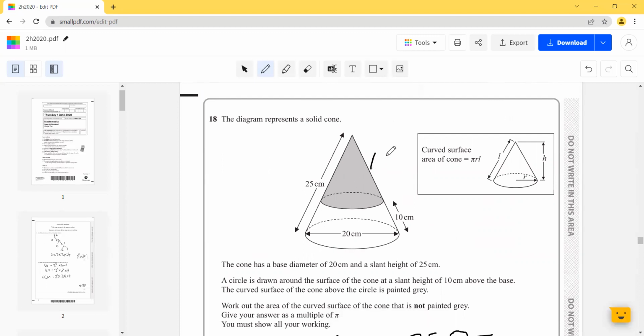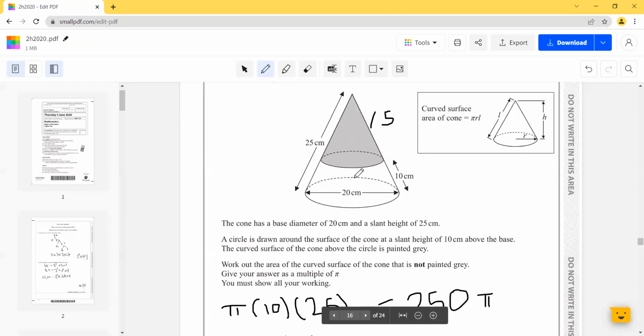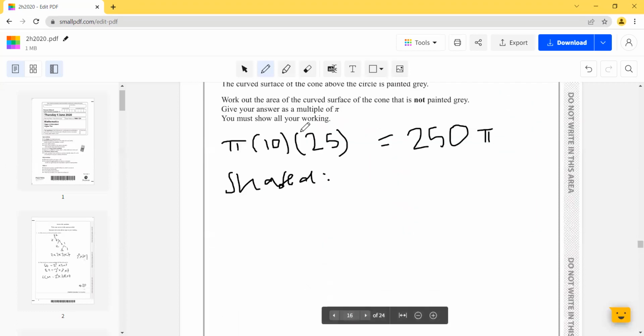Well, L is just 15 in this case, because 25 minus 10. Now, what's the radius of this cone? Well, we can see by similar shapes, because the small shaded cone is similar to the large cone.